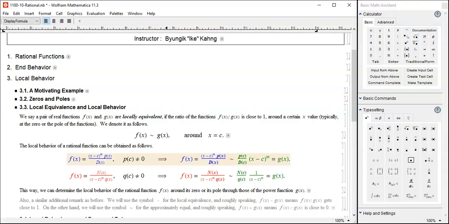After factorization, we have x minus c to the m power, where m is a multiplicity, and then the other factors, both in numerator and denominator. Plug in x equal to c to the other factors. If I plug in x equal to c here, then you get c minus c, that's 0, and all 0, I have nothing. So you have to keep this. To the others, plug in x equal to c here and there, and then you get a number times x minus c to the m power.